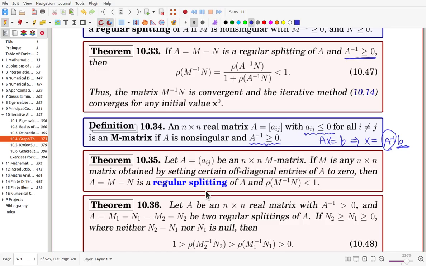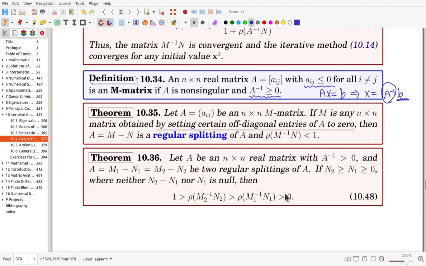So in many applications, Jacobi and Gauss-Seidel come along with regular splitting. Of course, SOR is better than Gauss-Seidel. So all the relaxation methods you studied in the last section will be convergent.